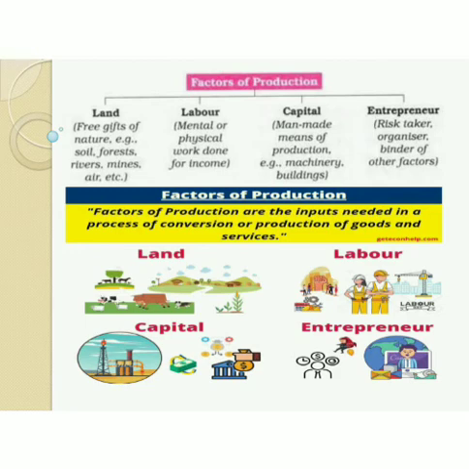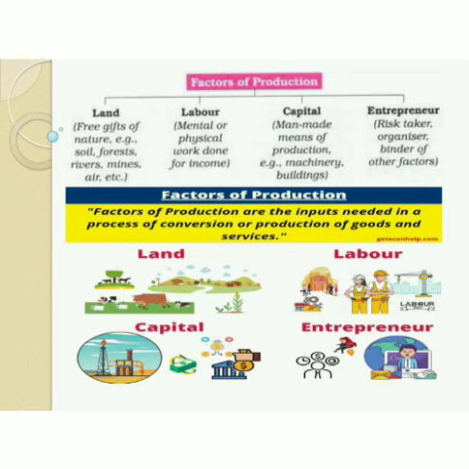And the fourth aspect is that special labor, which is responsible for putting all of it together. The one who organizes, the one who has the idea that I have to produce this. This particular factor of production is known as enterprise. So what does enterprise do? They take the risk of production.